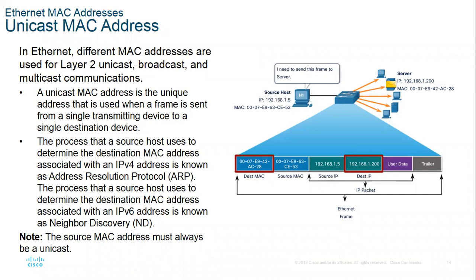This is done in IPv4. In IP version 6, there is another protocol similar to Address Resolution Protocol, which is the Neighbor Discovery Protocol. And here the source MAC address should always be a unicast MAC address.